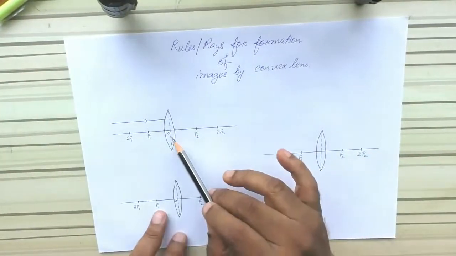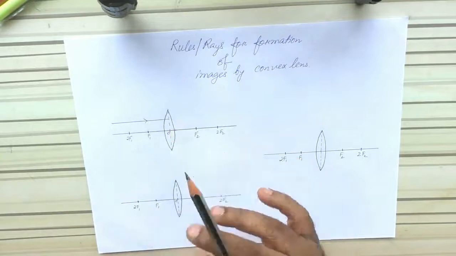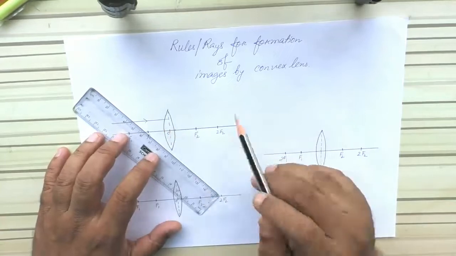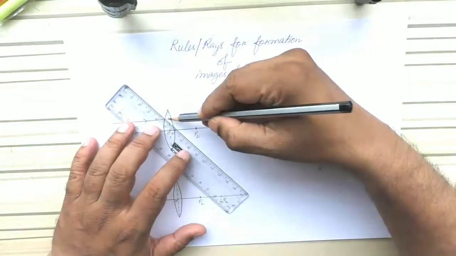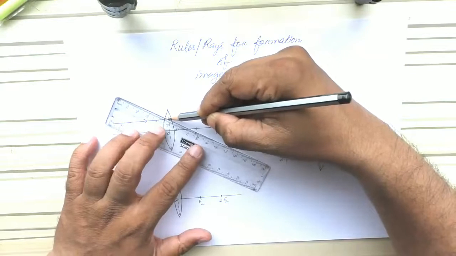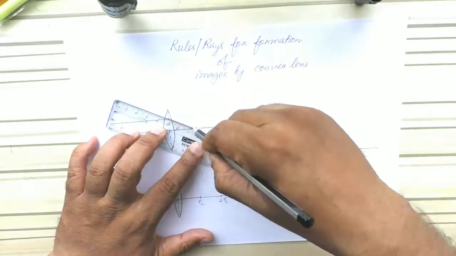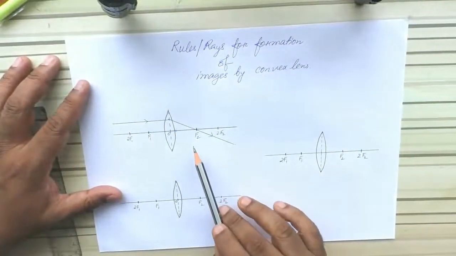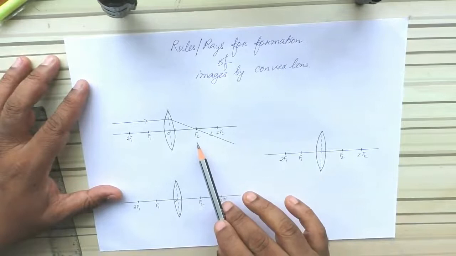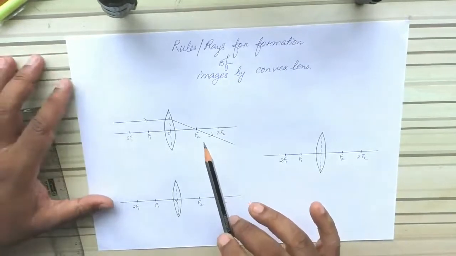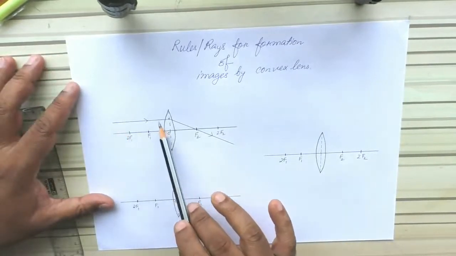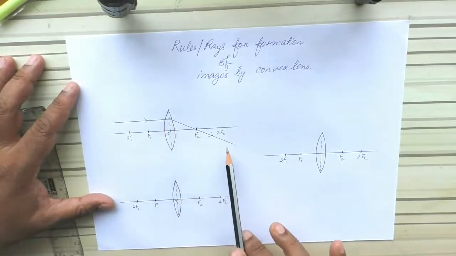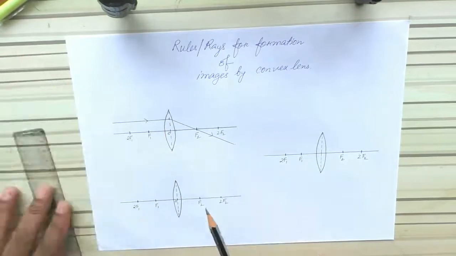You know that in a lens refraction happens, so reflection is not taking place, so this light ray will pass to the other side. But what will happen to this light ray? This light ray after refraction will pass through focus f2. Okay, so the first rule, if a ray of light incident parallel to the principal axis in case of convex lens, after refraction this light ray passes through focus f2.